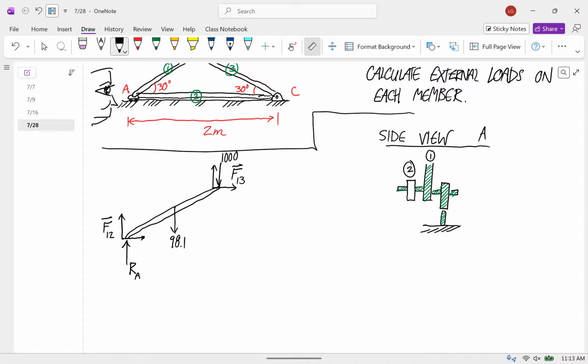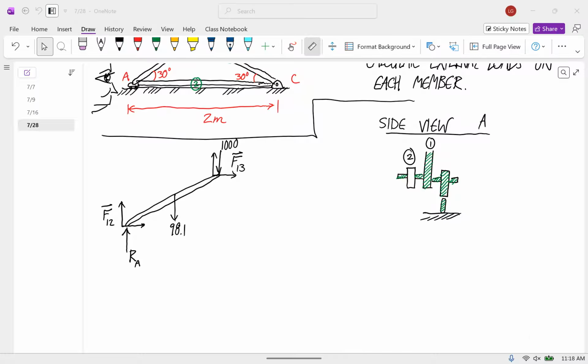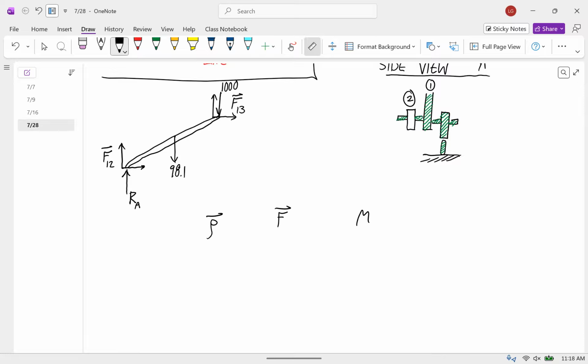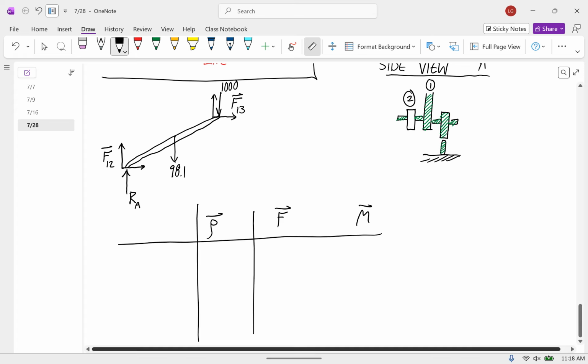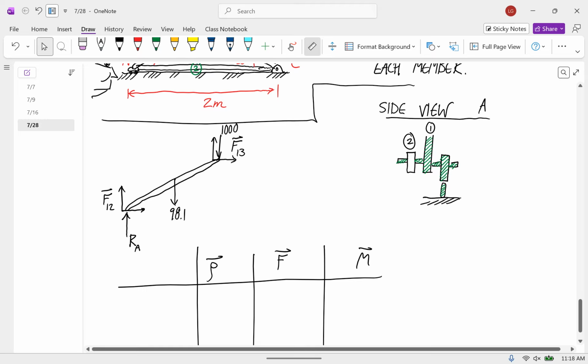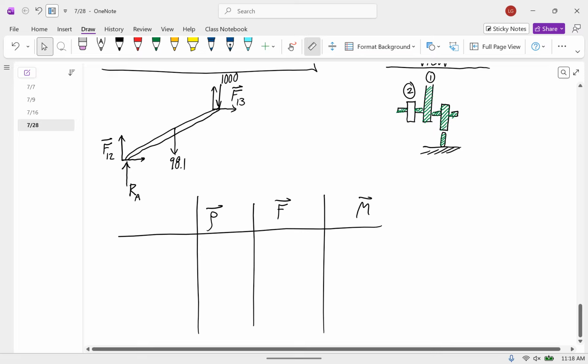Okay, so we're going to come up with the first 3 equations for our system of equations. We have 1, 2, 3, 4, 5 loads to deal with.